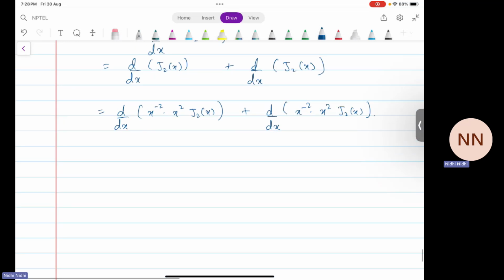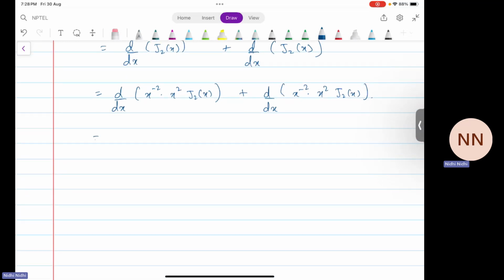Next we'll apply the product rule, just differentiating it. So we'll have x to the power minus 2 as it is, d by dx of J2 of x, plus x square J2 of x as it is. Derivative of x to the power minus 2 would be minus 2 x to the power minus 3.